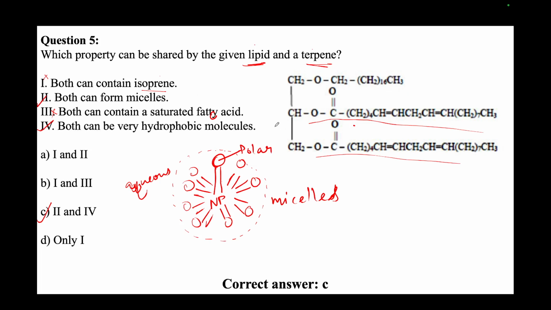So you have to understand the concept of micelle formation, what is hydrophobic, what is hydrophilic, how the moieties are interacting. The hydrophobic is interacting with hydrophobic and hydrophilic is interacting with hydrophilic, basically like polar will like the polar environment, non-polar will like the non-polar environment.